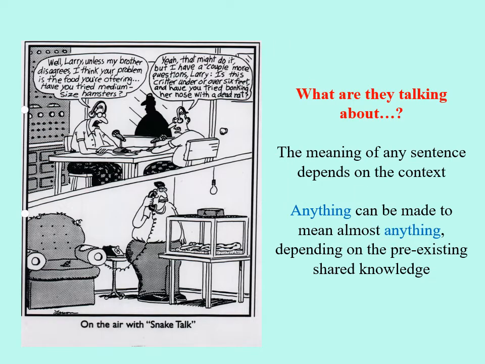Here is another example of indexicality in language. The fact that the meaning of any sentence depends on the context. Actually, you can say that any sentence can be made to mean almost anything, depending on the pre-existing shared knowledge. Let me give you a simple illustration.